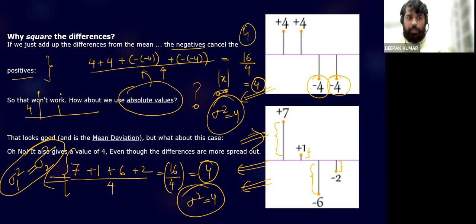Here you have 4 points above the mean and 4 points below the mean, 4 plus 4. It is having a variance, or a spread, of 4.